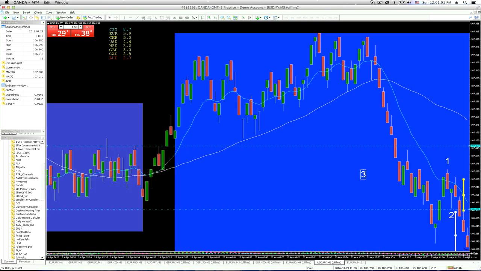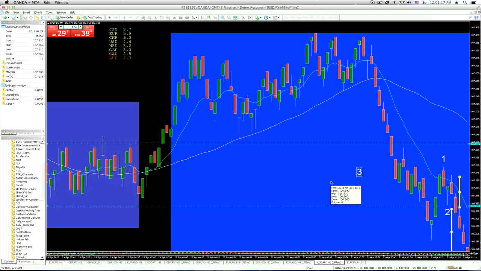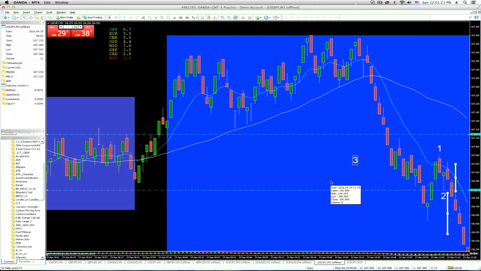So we're up about 8 pips here, and since we just did break this bottom, it's late on a Friday, even if I was in this, I'd probably be getting out here with 8 pips, but let's just see what happens. And it does go down and hits our target and keeps going.